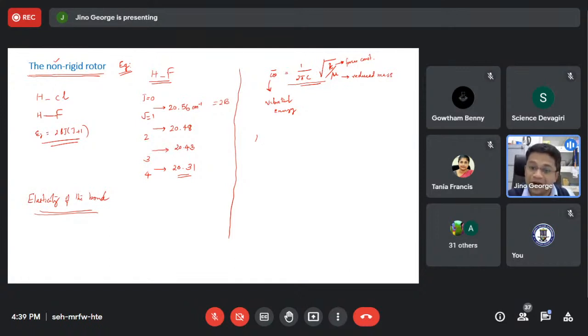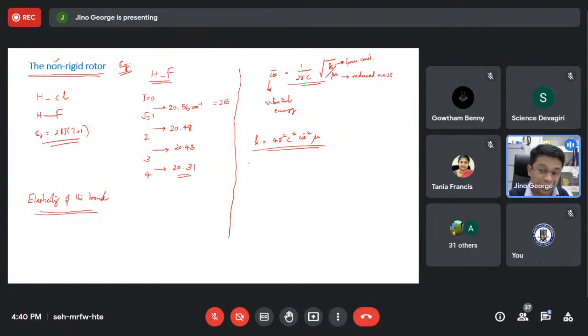I can now write the force constant k as equivalent to 4 pi square c square omega bar square into mu. This is a straightforward expression. So due to this process, we call it the vibrational event, which happens within the system.